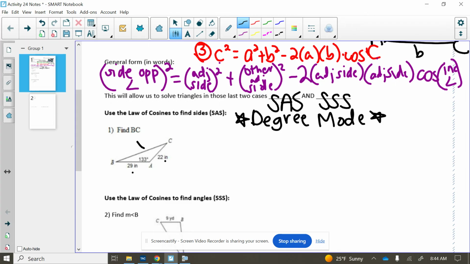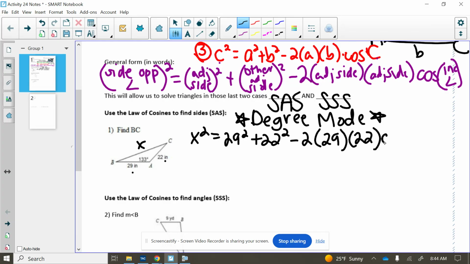If we are looking for side BC over here, to find that side, x squared equals the two sides surrounding the angle, so 29 and 22 squared, and then subtract away 2 times those two sides times the cosine of the angle in between them, the included angle. So that's cosine of 133.